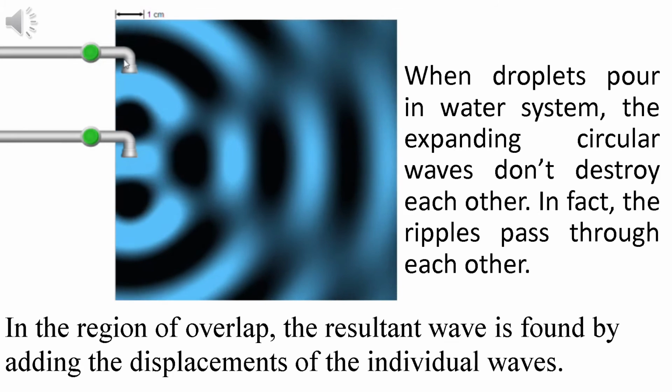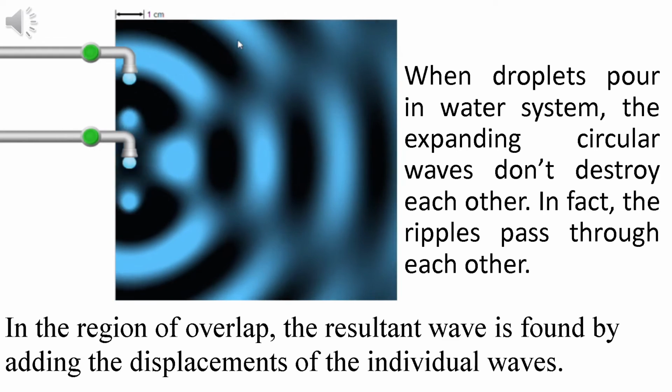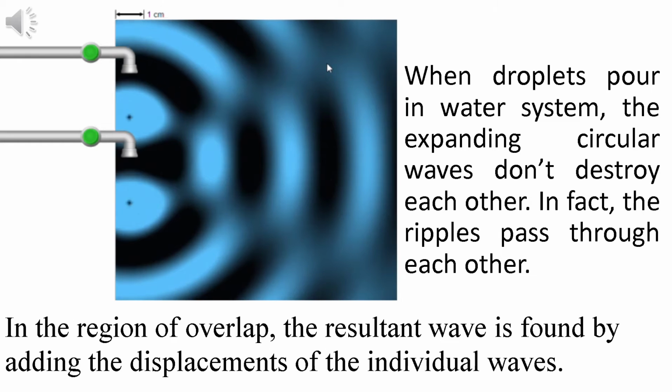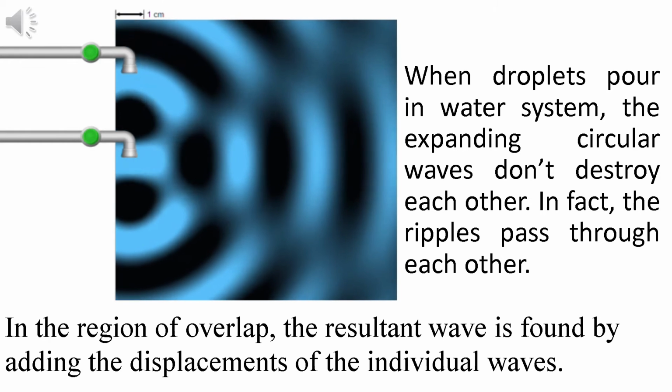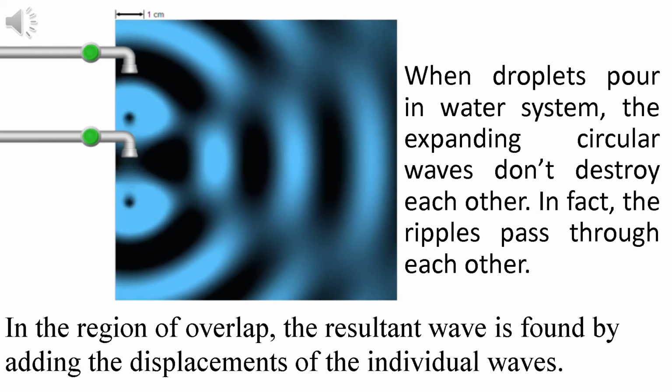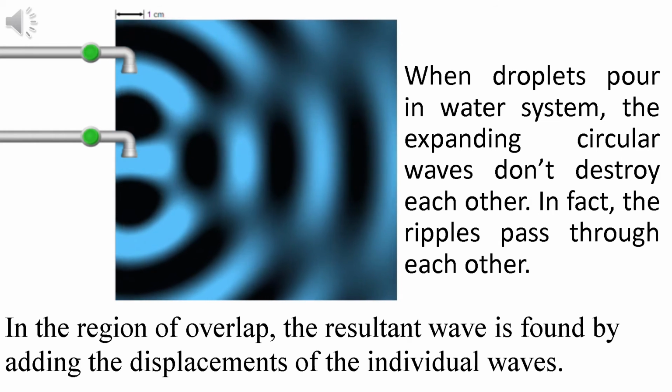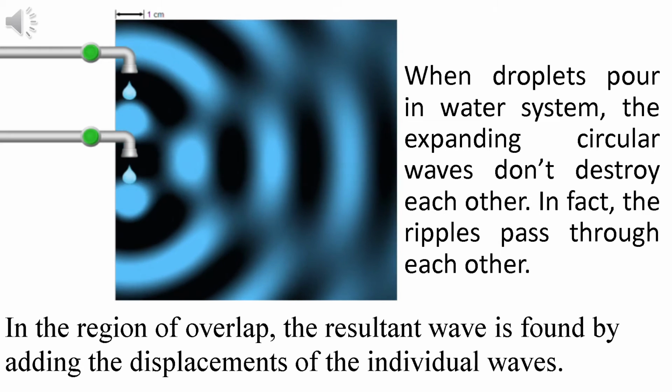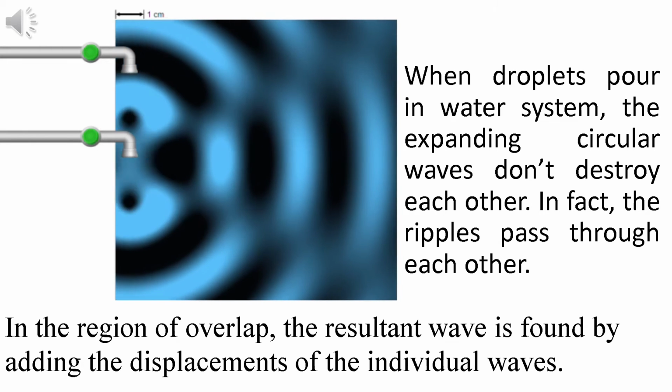Ngayon, as you could observe, 'di ba? Yung mga ripples o yung mga waves ay nag-pass through each other lang. Hindi huminto, hindi bumilis, 'di ba? Hindi nabago yung shapes nung mga una, pero nadagdagan, 'di ba?